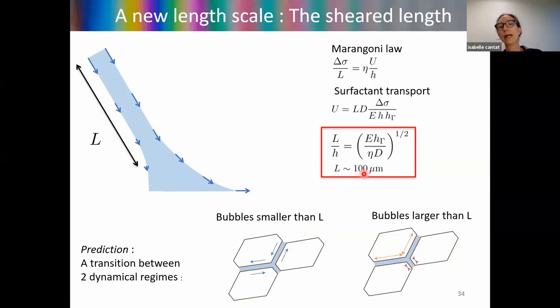So now we cannot deduce anything for what happens in the foam if the bubbles are smaller than L, but here you see it scales like the film thickness, and we also believe that the film thickness should be smaller in a real foam because capillary suction is higher. So let's assume we are in this case in the foam, and let's see what we can deduce from our scalings.